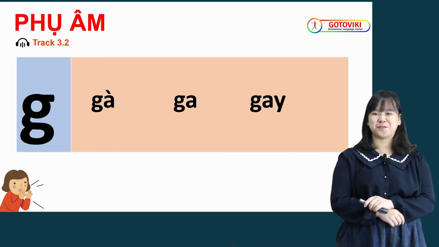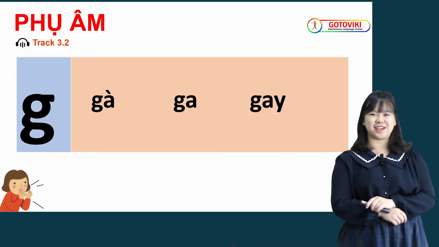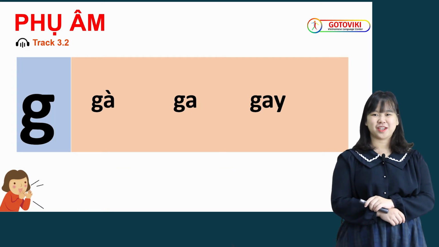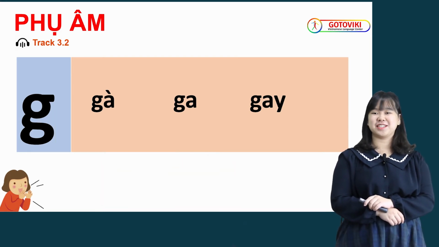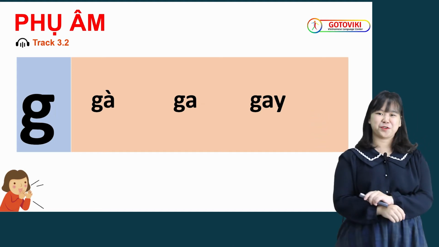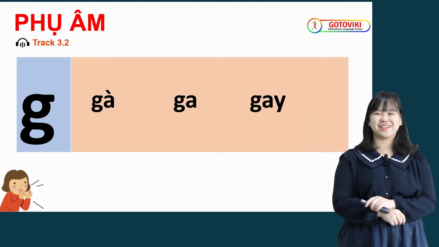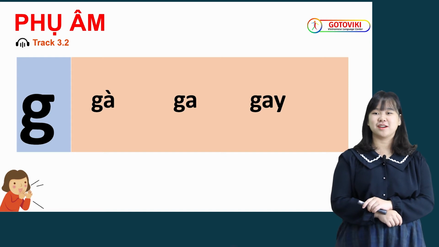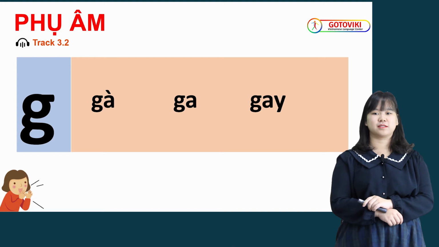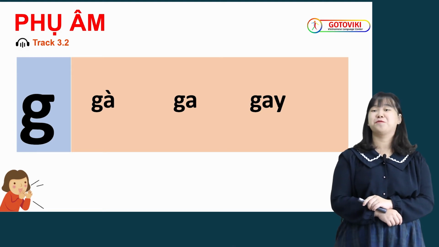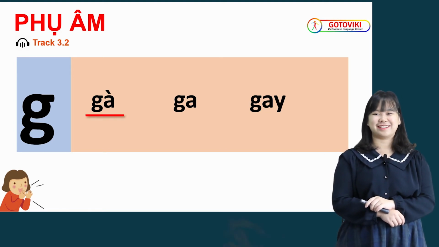Okay, let's move to another consonant that we will study today. G. The consonant G in Vietnamese has 2 ways to write: G đơn and G ghép. And this is G đơn. Okay, let's practice with me. Đọc theo mình nhé. G, G, G. Okay, for example. Gà, ga, gai.